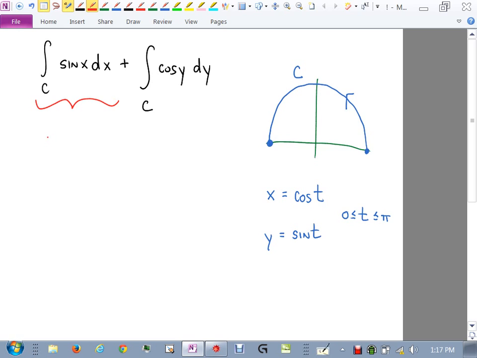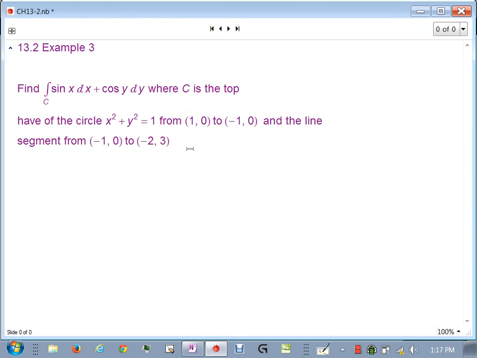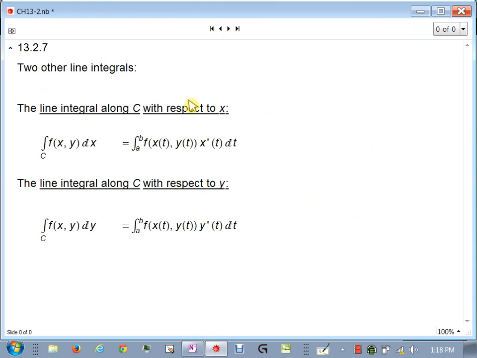By definition, this is the line integral from 0 to pi of sine of x, but what's x? Cosine t. And then dx, but what's dx? What does that really mean? Come over here. It's this right here.